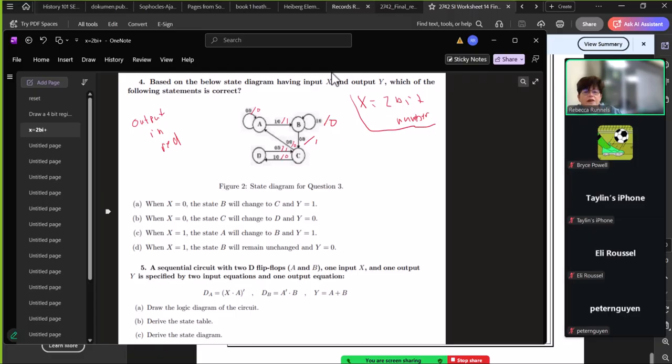So if you're reading this as 1 as the input and 0 as the output, yes, then it's D. But I changed it to make X the 2-bit number and the output red. And it just means that some of these are not showing all the outputs because they're don't cares. But yes, you would be correct if the first is the input and the second is the output.